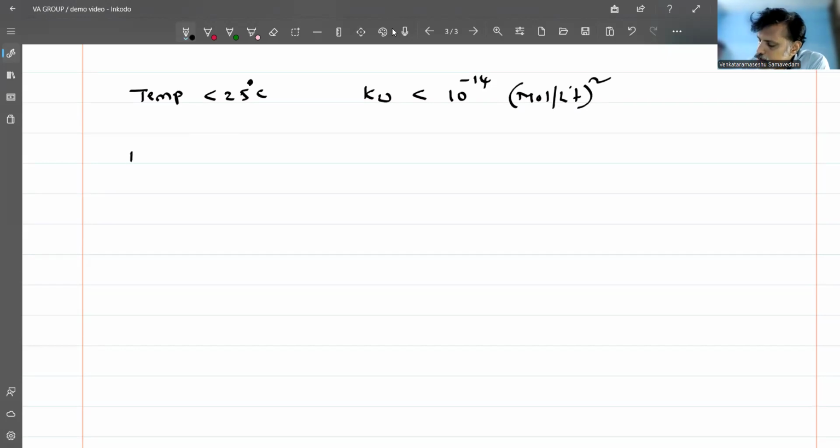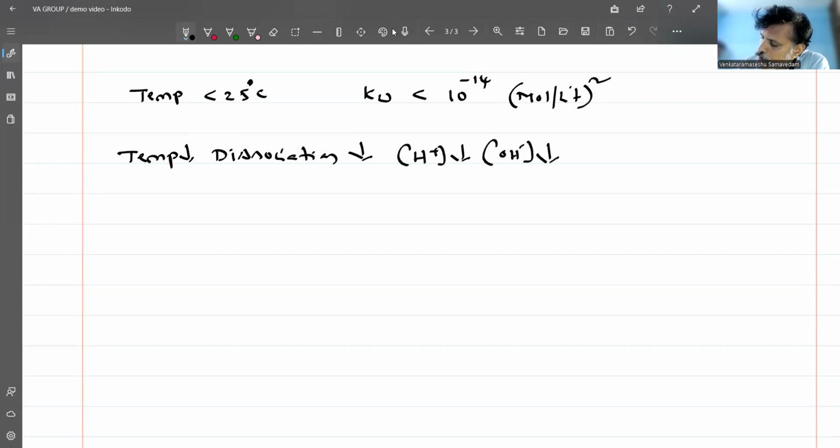Temperature decreases, dissociation decreases, H plus ions concentration decreases, OH minus ions concentration decreases, Kw value decreases. Kw decreases. Remember this point.